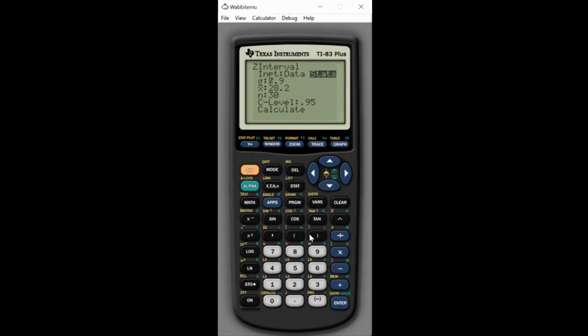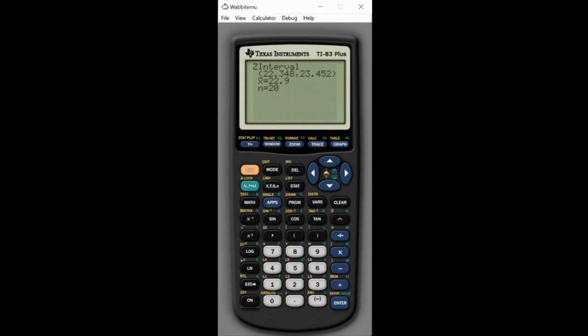I'm still going to use my stats information. Our sigma for this case ended up being 1.5. My X bar was 22.9. My N, in this case, was 20. And we said our confidence level, C, was 0.90. And I'm going to calculate it.